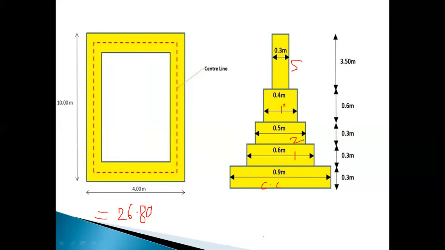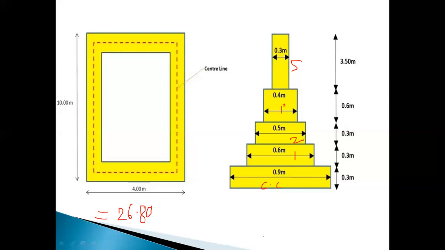We find the excavation of the earthwork and cement concrete bed. Next, brickwork in first footing, brickwork in second footing, brickwork in plinth and brickwork in superstructure. So we find these steps.